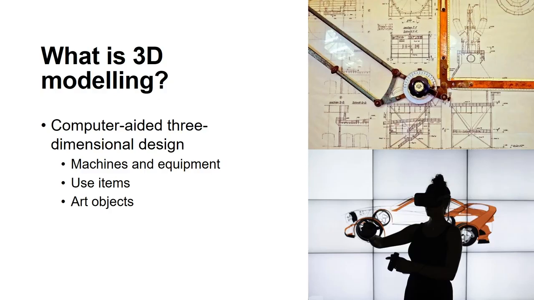Today, 3D modeling is done with dozens and maybe hundreds of different programs. Everyone has their own main uses. 3D models made with these programs can be all kinds of machines and devices. Hardly any machine or device made of multiple pieces is made anymore without first being 3D modeled.